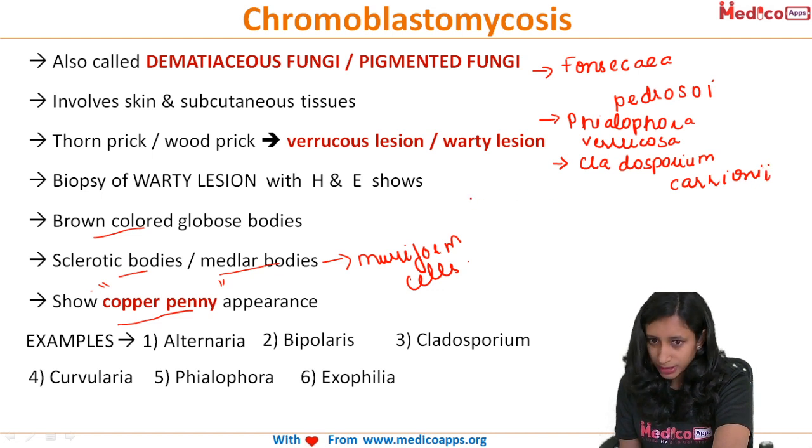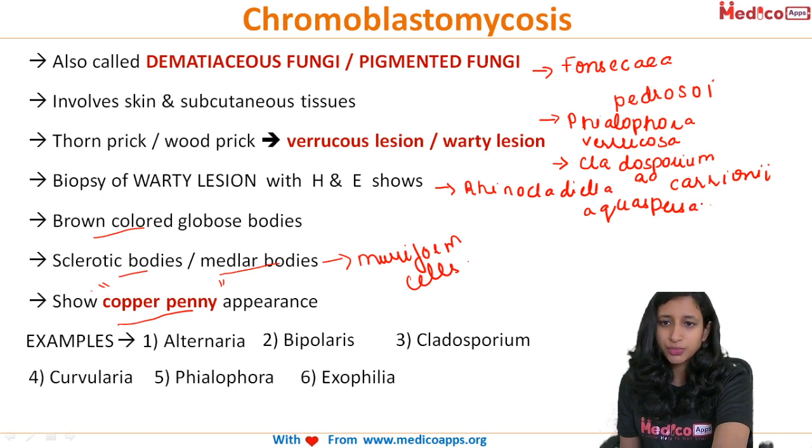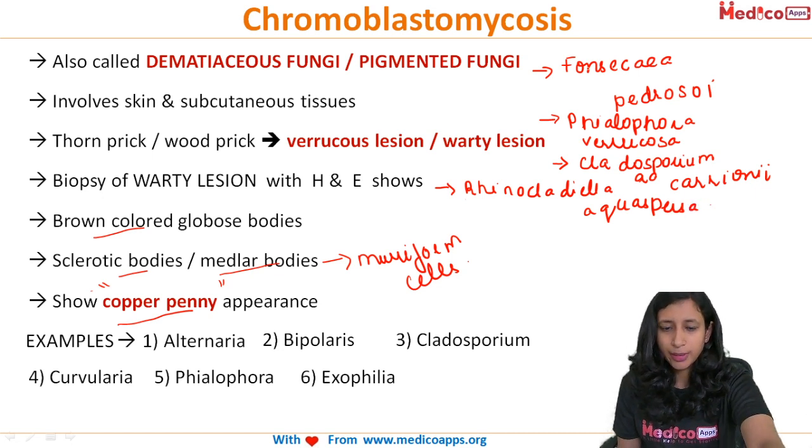And the fourth one is what is known as Rhinocladiella aquaspersa. So these are the various ones that you have to remember.